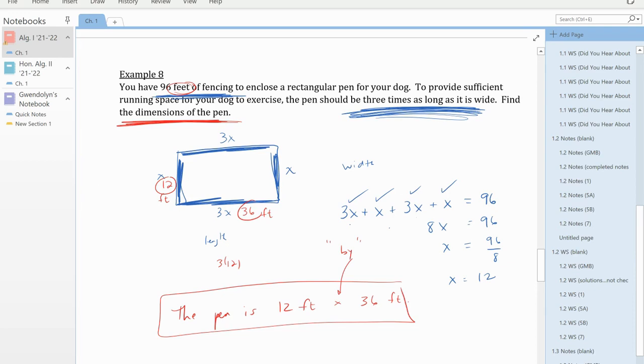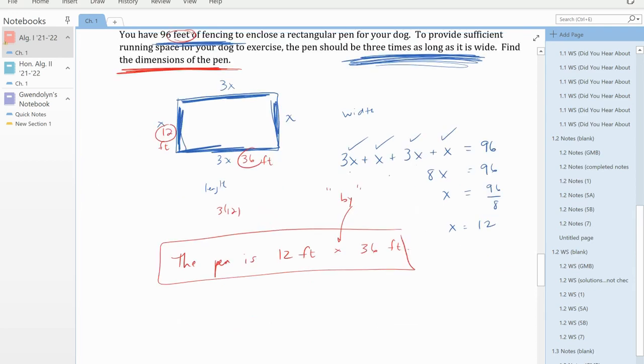Okay, so 12 feet by 36 feet. Or another way is the pen is 36 feet long and 12 feet wide. That would be a good way to answer it. But usually when they just say dimensions, they'll say 12 feet by 36 feet. All righty, that's today's stuff.